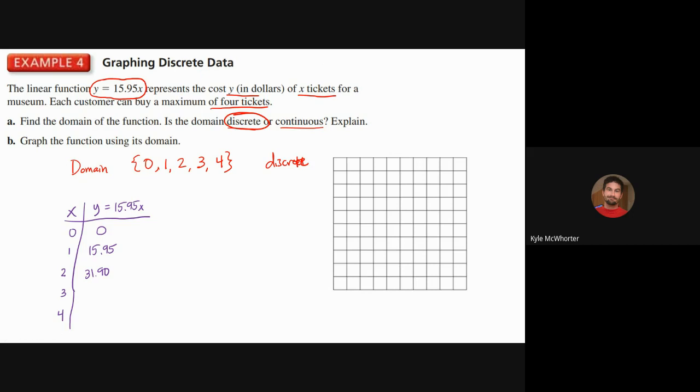Three times 15.95 is 47.85. And 4 times 15.95 is 63.80.